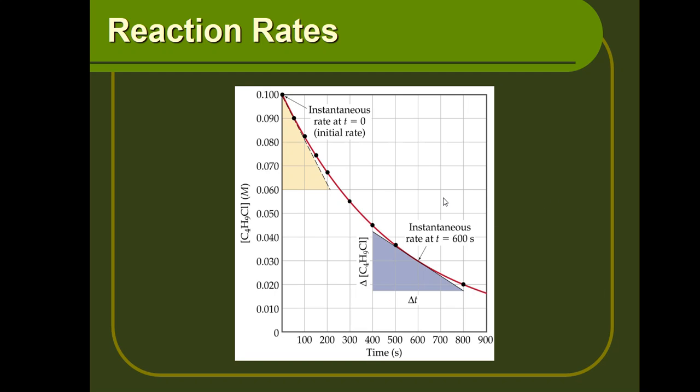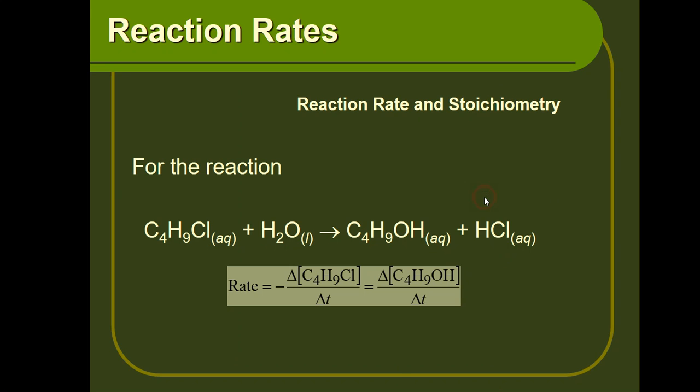So again, we have the average rate and we have the instantaneous rate. Here in kinetics, and in the things that we use when we design reactors, we are using the instantaneous rate. We're not using the average rate. Now, speaking of reaction rates in relation to stoichiometry, you have here again butyl chloride forming butanol upon reaction with water.